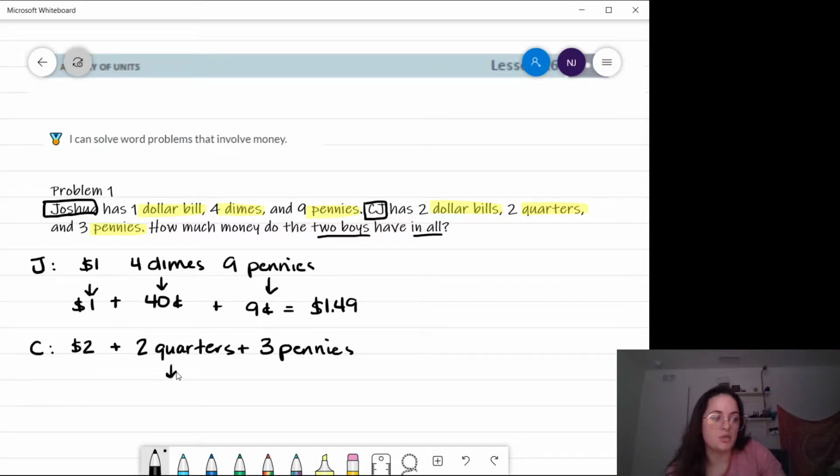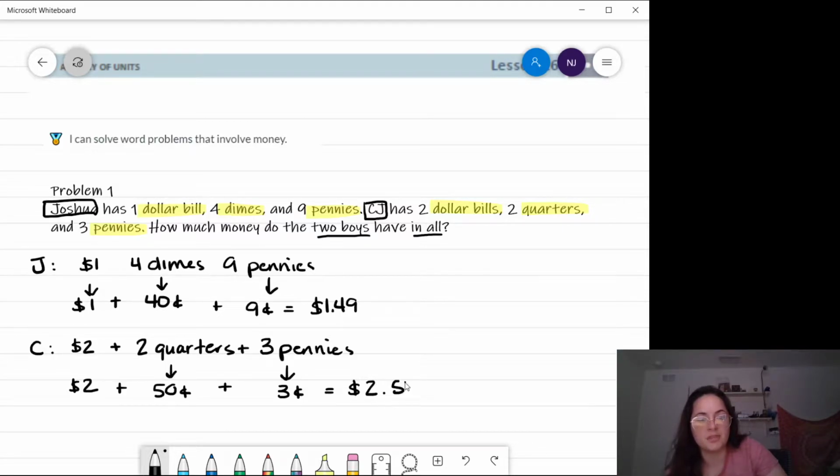So 2 quarters, that's going to be 50 cents. 3 pennies, that's going to be 3 cents. And then my $2 is just going to be $2. I'm going to add it all together, and I get $2.53. So now I'm going to add my $1.49 for Joshua's and my $2.53 for Christopher.